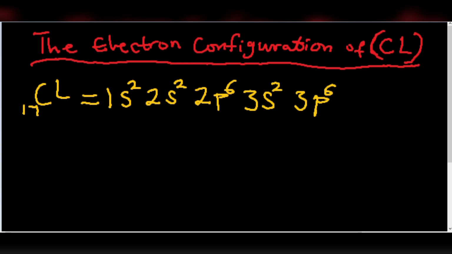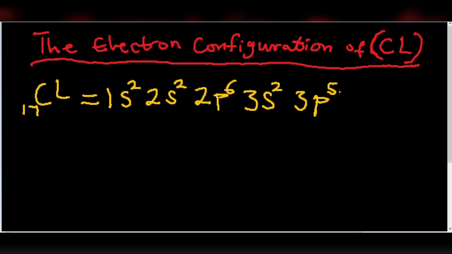So we have to subtract 1 from this to make it 5. Then that will be the correct electron configuration for the chlorine atom. So we erase it and we write 5.